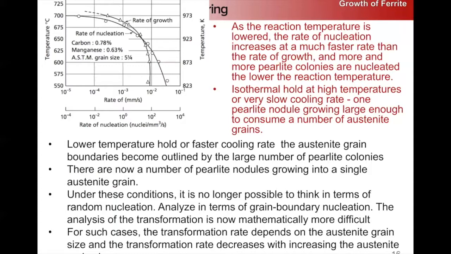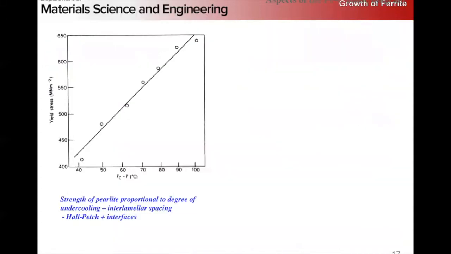And the transformation rate decreases with increasing austenite grain size. So the amount of time it's going to take our entire structure to be transformed becomes a function of the austenite grain size, right?